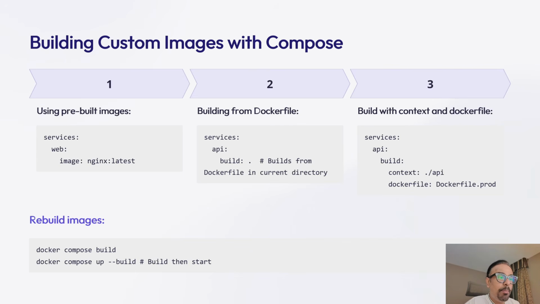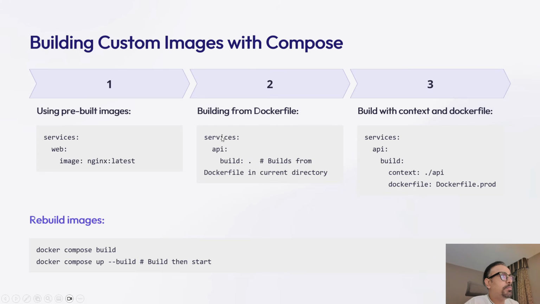But for your own application, you will build from a Dockerfile. The simplest form is by using build over here. When you say build dot, it is going to search for the Dockerfile in your current directory. But if your Dockerfile is located in some other directory inside your current directory, you can go ahead and give the path over there.